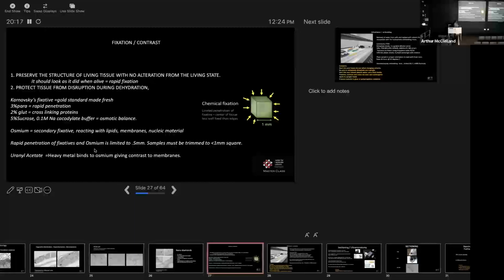All right, so the procedure is a simple recipe. It can be mastered by anyone. We want to preserve the structure of living tissue with no alterations from the living state. So we don't want the cells to shrink. We don't want them to swell.